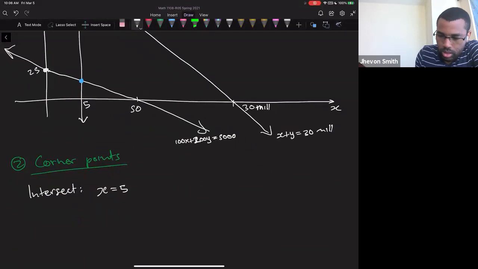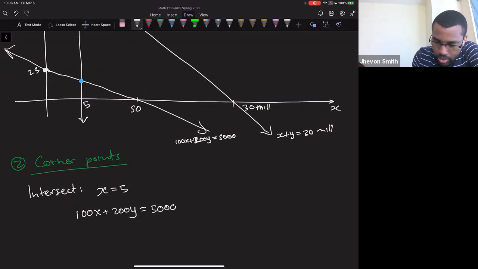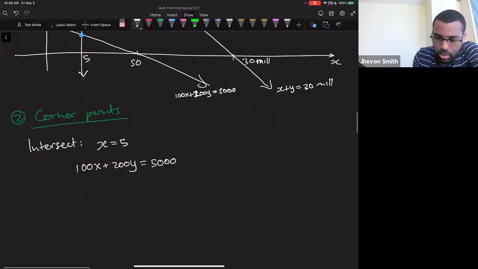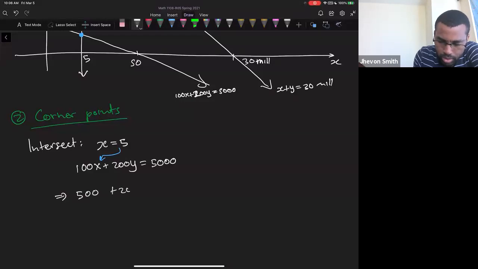So x equals 5, and then I have 100x plus 200y equals 5,000. Of course, I can just plug this into there. So this is going to be 500.